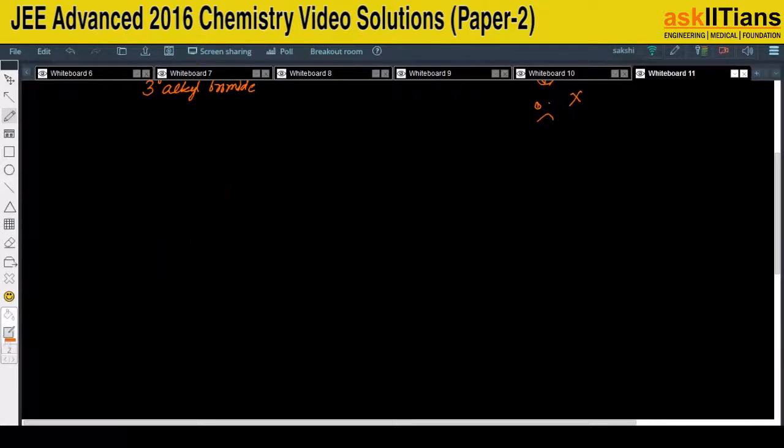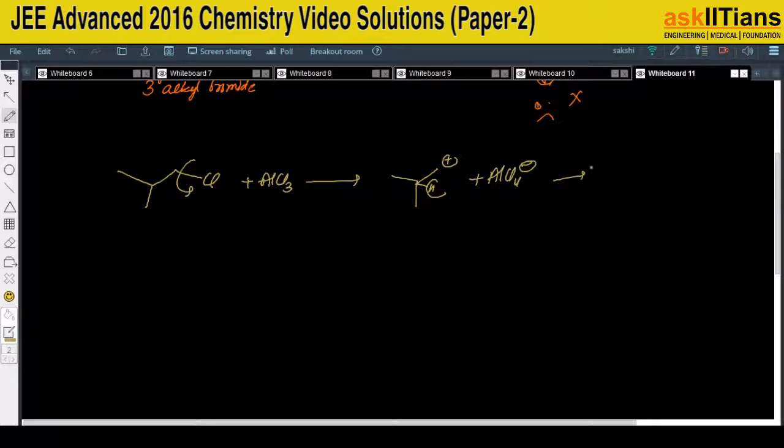Coming over to option number B, let me write down the mechanism again. Option number B says that you have got something like this and then you are adding AlCl3. So once you add AlCl3, you can form AlCl4 minus and a carbocation will be formed like this. Now you know that this carbocation will undergo rearrangement and hence it will become a tertiary carbocation.